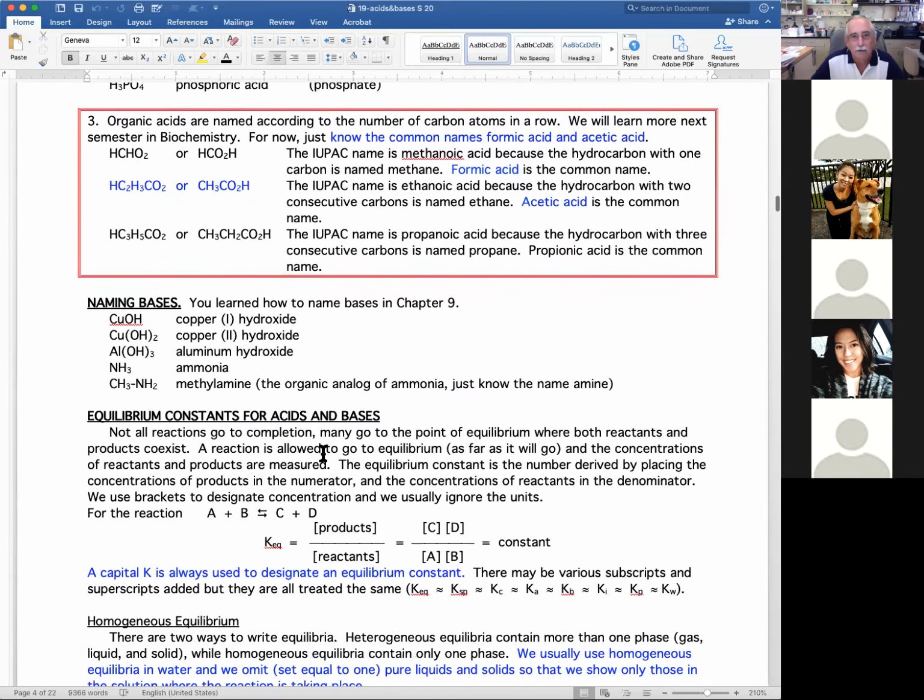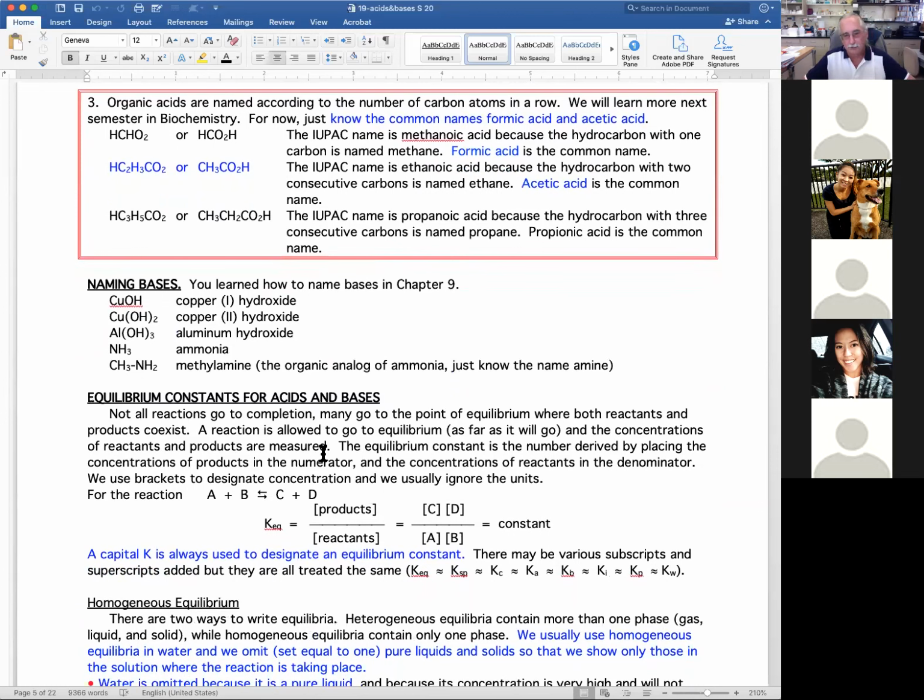And then, in this class, we won't be using the organic names. If you take the next semester, Biochem 341 at Manoa or 244 at KCC, then we'll learn how to name it with organic names. So with organic names, if you got one carbon in a row, that represents methane. So this has one carbon in a row, and it's an acid, so the name is methanoic acid.